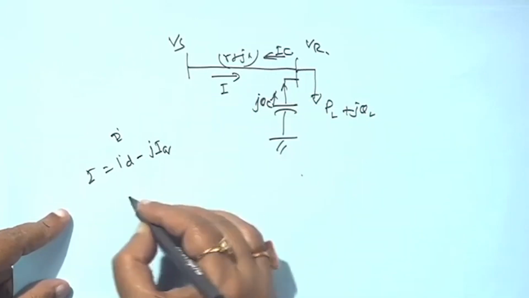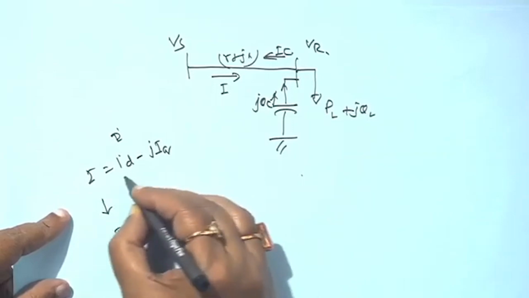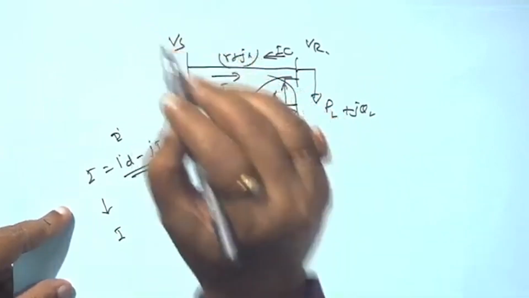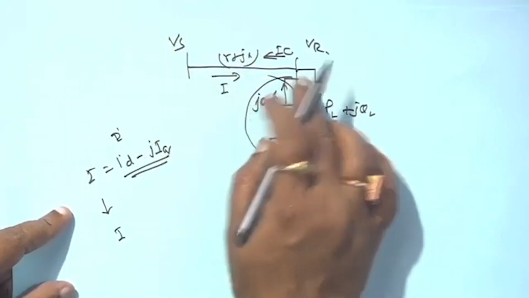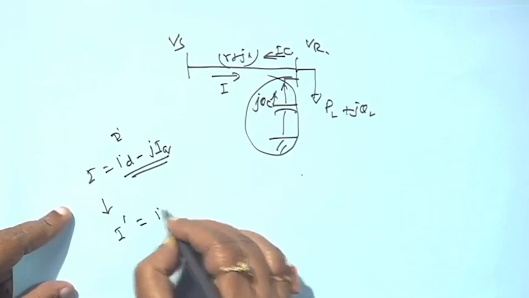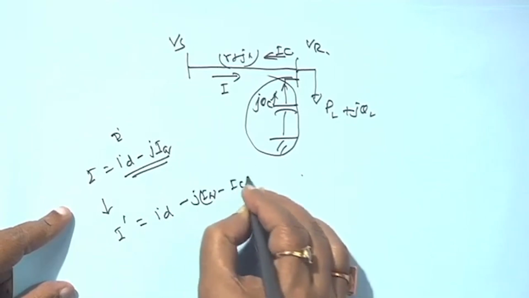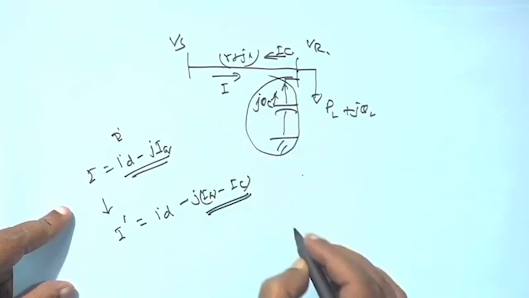That means, as soon as you put the capacitor, the current, say without the shunt capacitor, when the shunt capacitor was not there. But as you put it here, then I dash will be Id minus jIq minus Ic, because this much is the reduction, right.